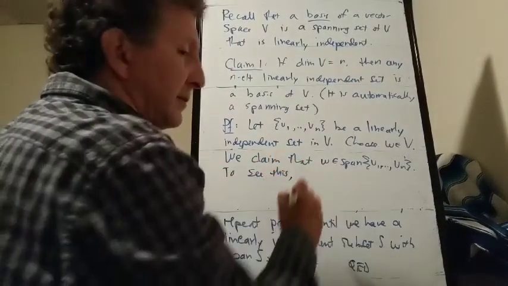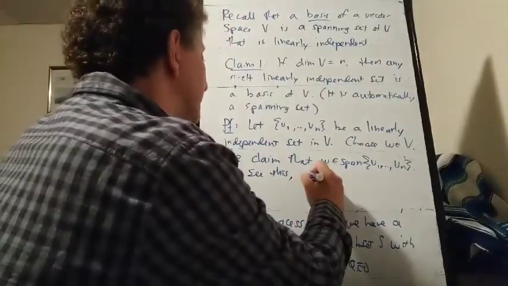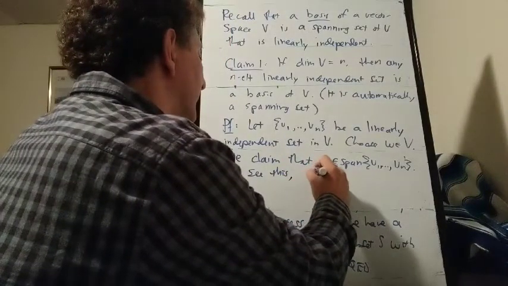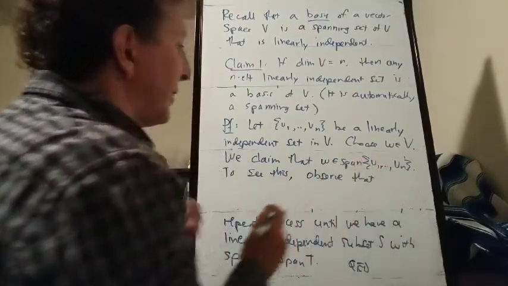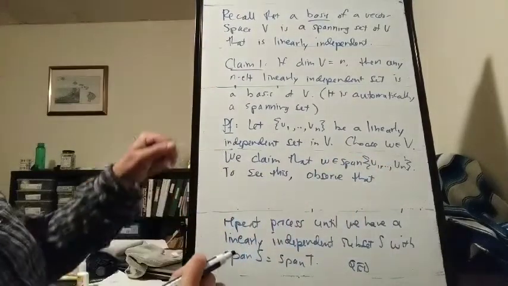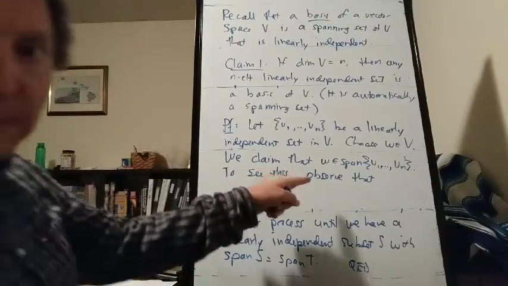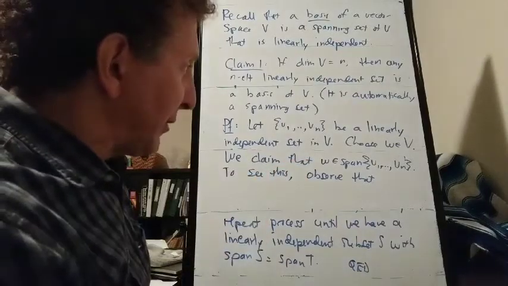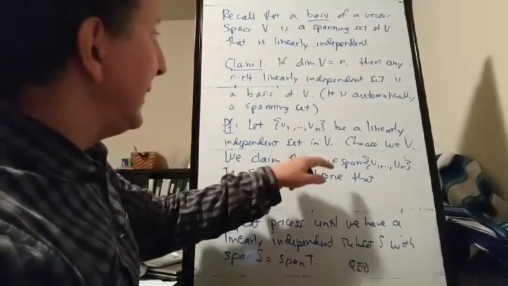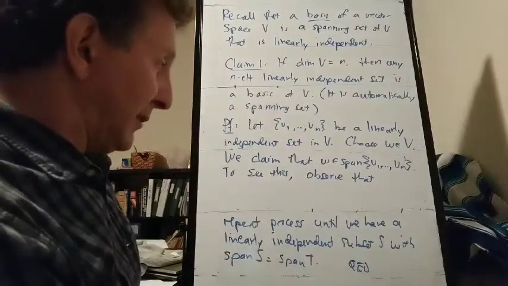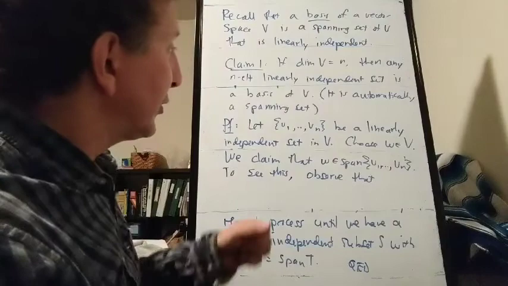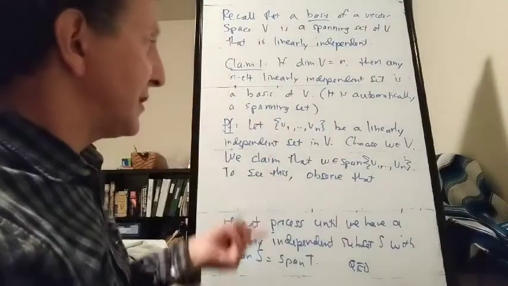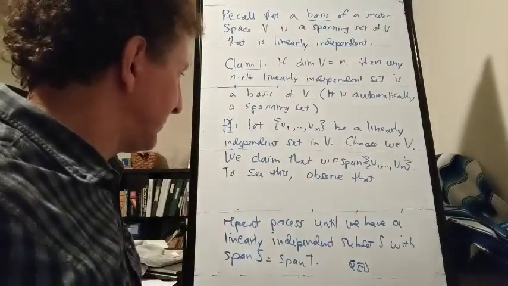So to see this, observe that if we add W to that set, then we're going to have n plus 1 elements in an n-dimensional vector space. So that's definitely going to have to be linearly dependent, because whenever you have more elements than the dimension of the space, it has to be linearly dependent.